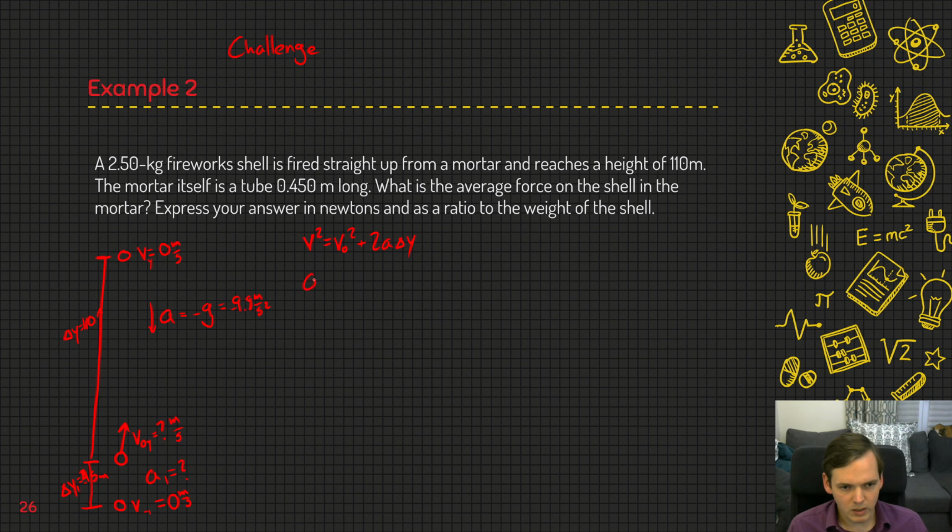So v squared is 0 equals v initial squared plus 2a delta y, and I'll just write g there. v naught equals the square root of negative 2g delta y. Then we need to find this other acceleration.